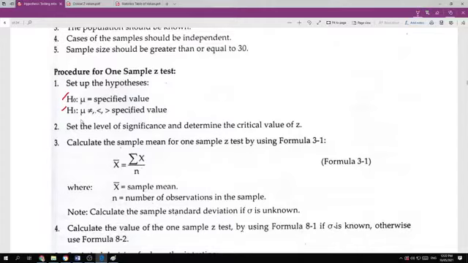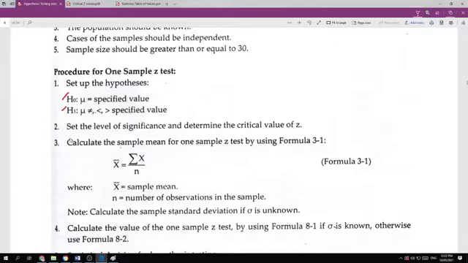That is your null hypothesis. So you begin with your alternative hypothesis and then you make your null hypothesis out of it. Don't worry, we will have an example on this as we go on with our discussion about the z-test today.